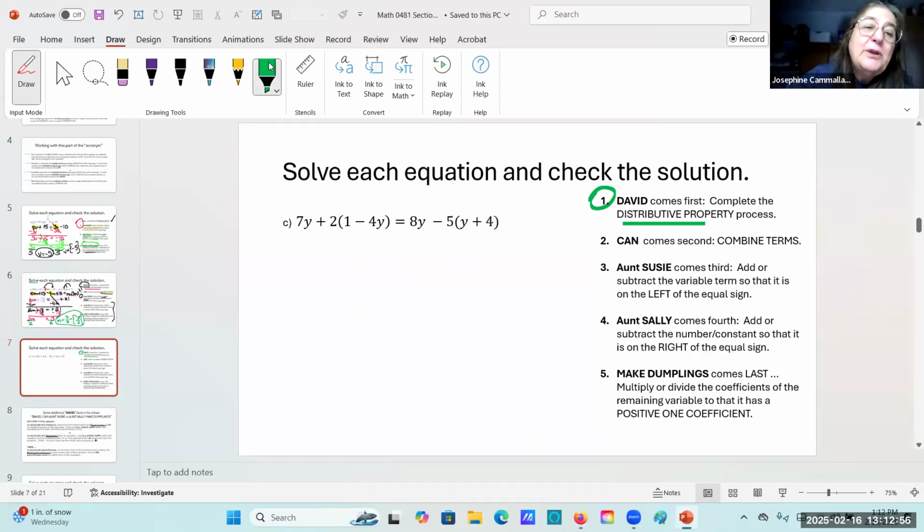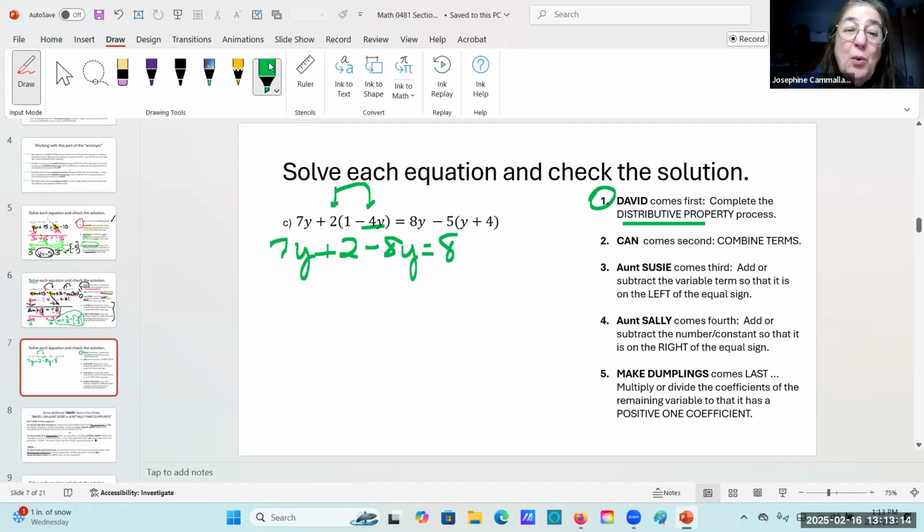Well, when I distribute, this gives me 7y plus 2 minus 8y. This 2 is multiplying by negative 4y, and this is equal to 8y minus 5y minus 20. This negative is multiplying by positive.